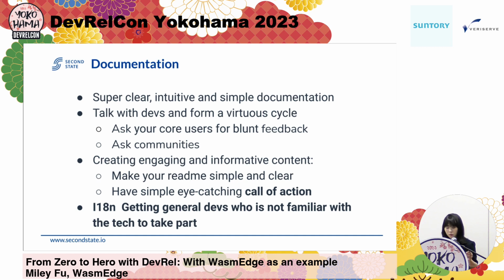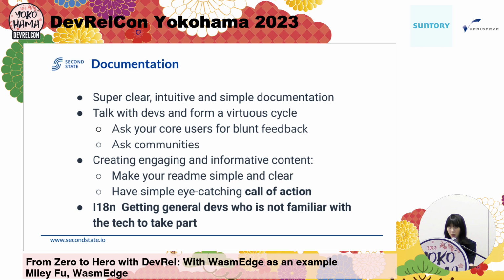This is pretty important because I've heard from developers that when they go to a GitHub repo or read a README, if they don't find it understandable in a few minutes or maybe even in seconds, they might just leave. So that's why we revamped our documentation.